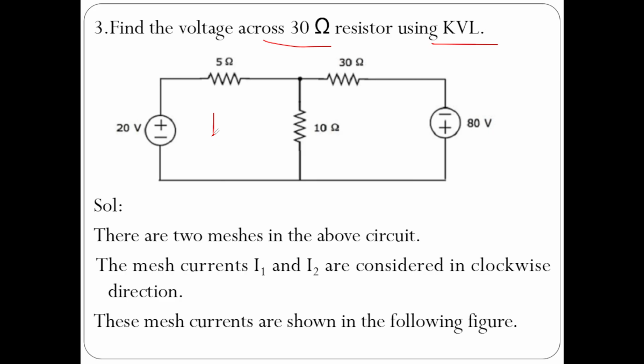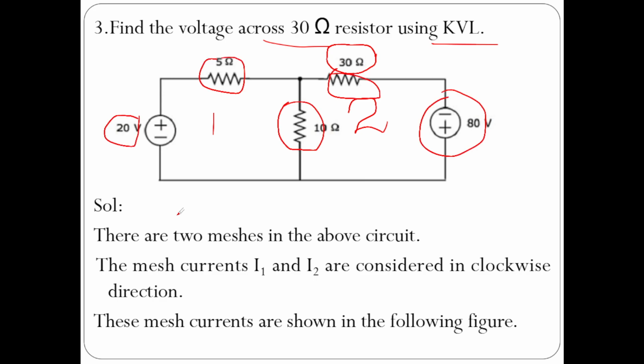In mesh 1, there is a voltage source and two resistors. In mesh 2, one voltage source and two resistors. So if you observe carefully, this 10 ohms resistor is common to mesh 1 and mesh 2.